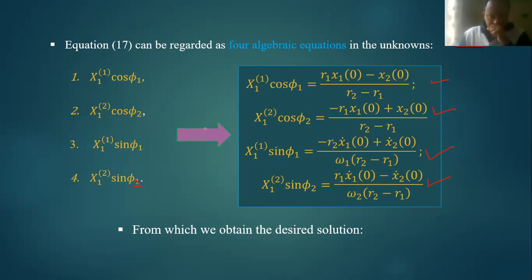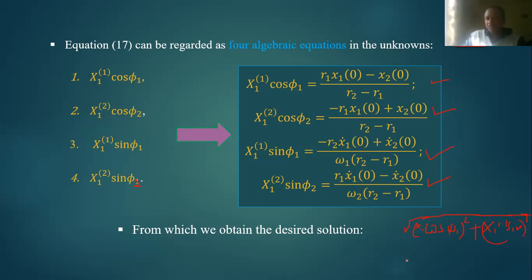Because the radical of (x1 of 1 cos phi 1) square plus again (x1 of 1 sin phi 1) square, the whole square, gives us obviously x1.